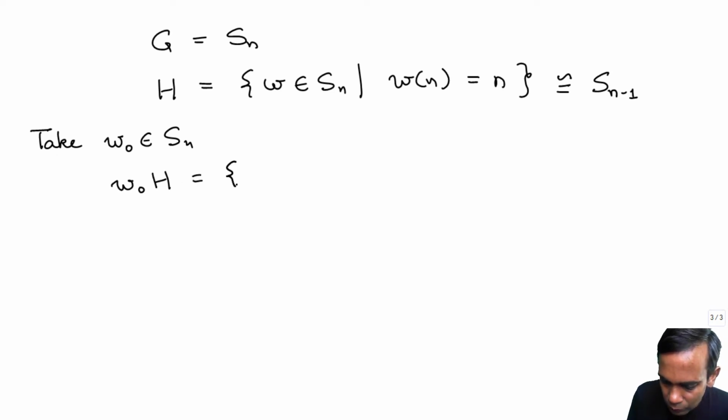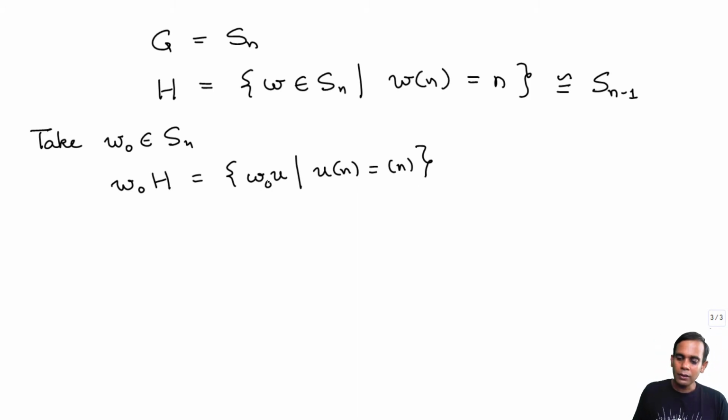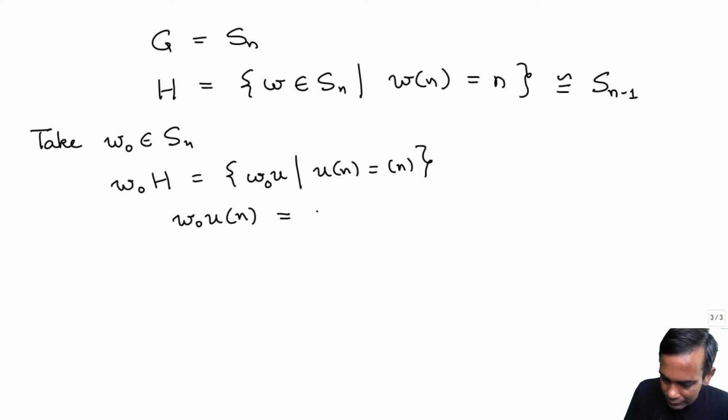This is equal, by definition, to w0u, where u of n is equal to n. So I ask, where does w0u take n itself? U takes n to n, so it takes it to w0(n).